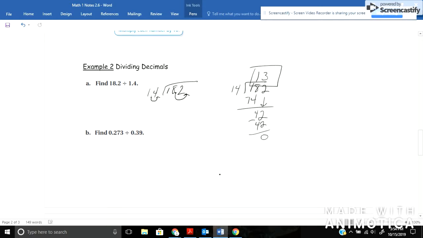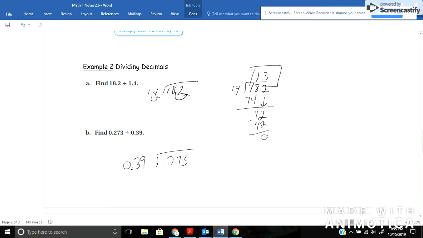I've got 0.273, or 273 thousandths, divided by 0.39, or 39 hundredths. Again, the trick: make my outside number a whole number. Well, you'll see this time we need to move it 2 spots to make it 39.